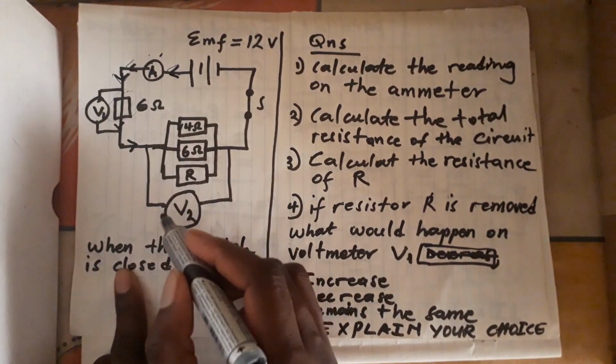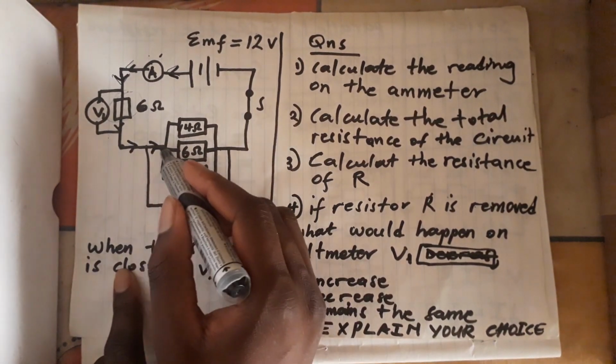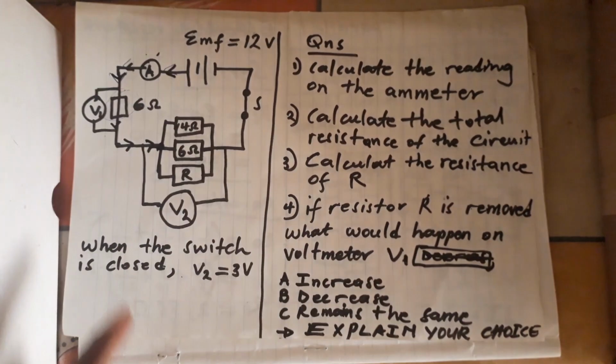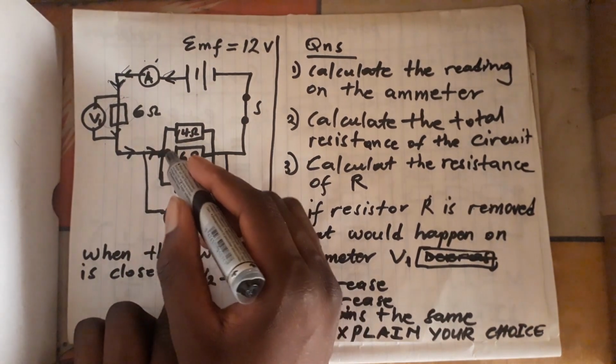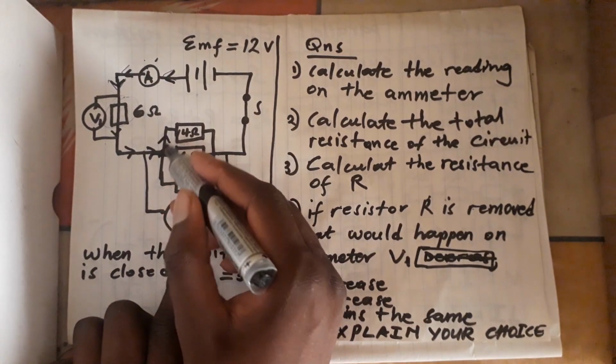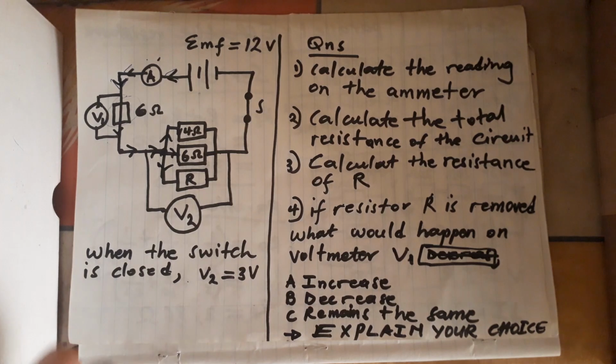Then we have another voltmeter here. So it's going to continue like this and reach this point, which is the cross section. Current is going to divide. It's going to go up, down, and continue like this. So which resistor is going to have a high current?